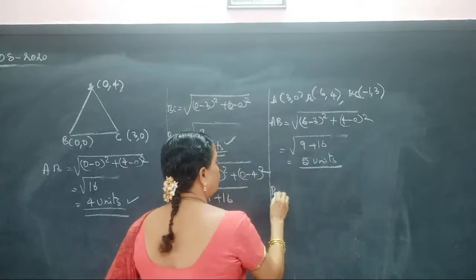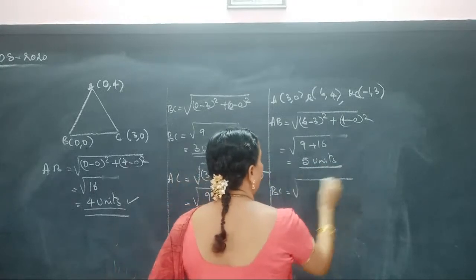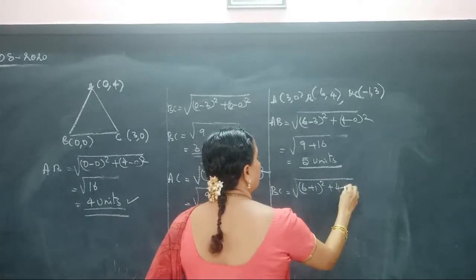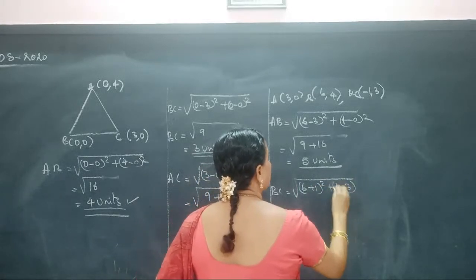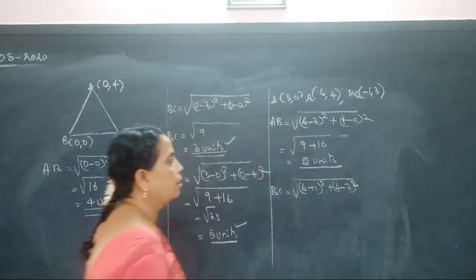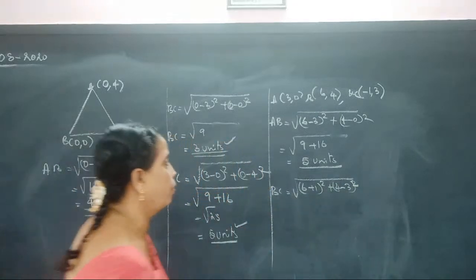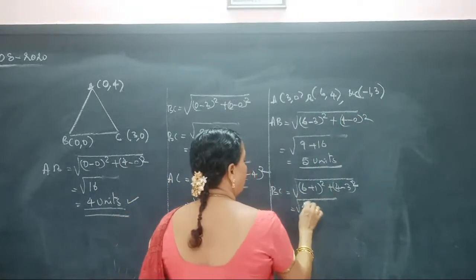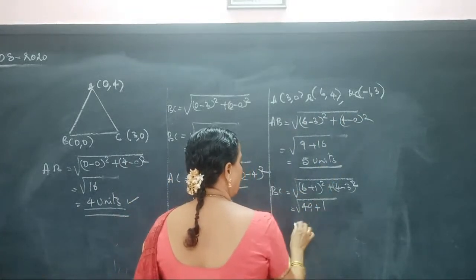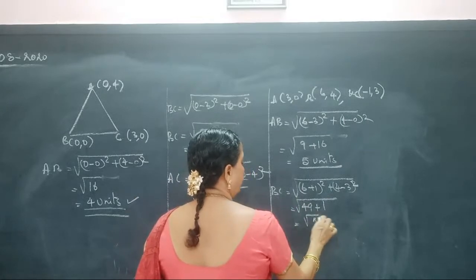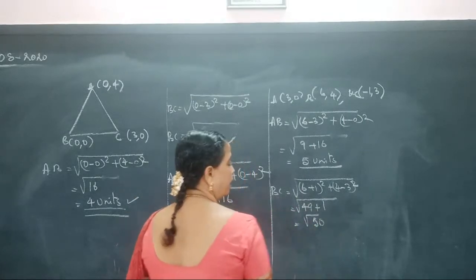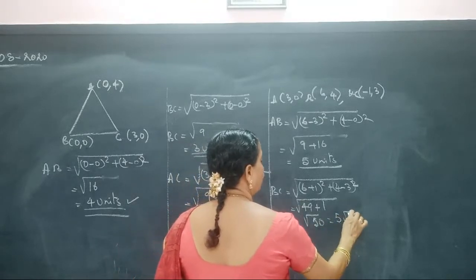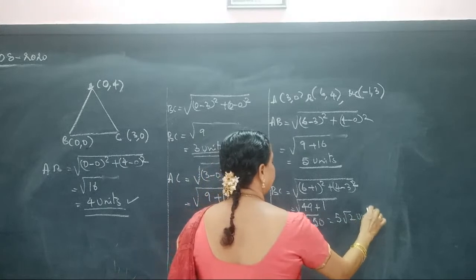And find out BC. It is root of (6 plus 1) whole square, (4 minus 3) whole square. It is root of 49 plus 1, root 50. Root 50 can be taken as 25 into 2. It is 5 root 2 units.